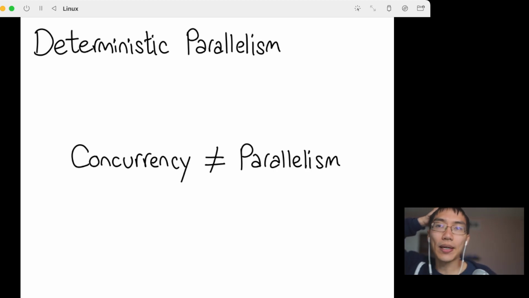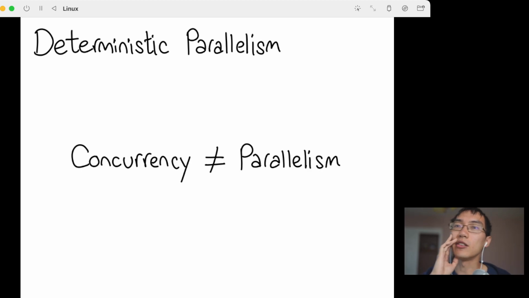Okay, I want to talk about another idea called deterministic parallelism. The idea behind deterministic parallelism is that we've been talking all about concurrency, which is about multiple threads running at the same time. But there's another concept, which is, I have some code and I just want it to run faster.